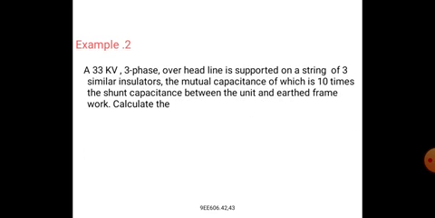The next problem is a 33 kV 3-phase overhead line is supported on a string of 3 similar insulators.